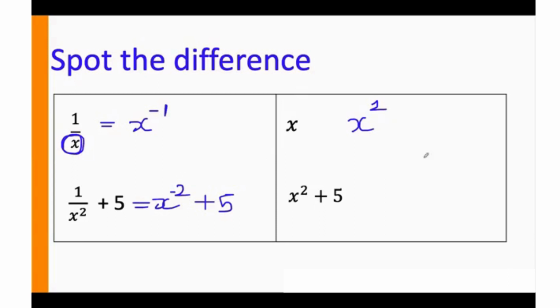So this could be written like this. However, here there won't be any change because it's already in the numerator, so this becomes x squared plus 5. And so the difference between the left side and the right hand side is that the powers on the left hand side are negative, but the powers here are positive. Powers are also called exponents.